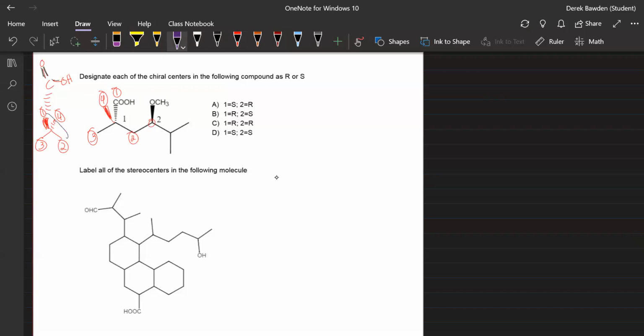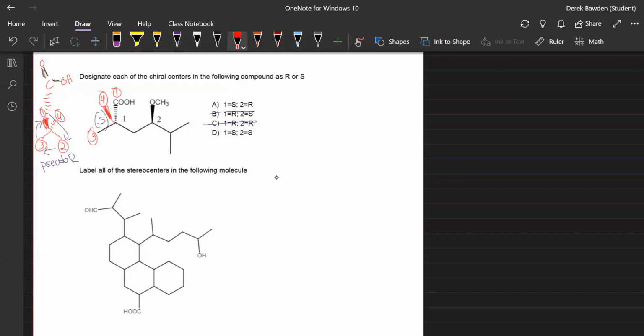We say clockwise is pseudo R, which means our original is S. Okay, so we know number 1 is S. We can get rid of B and C. Okay, let's carry on to our second chiral center.